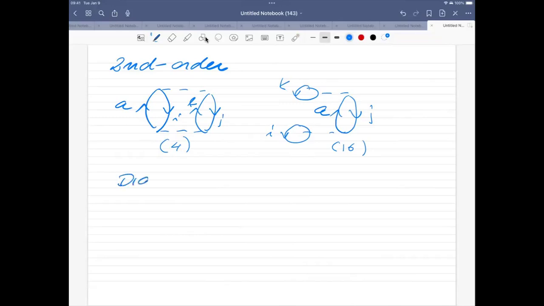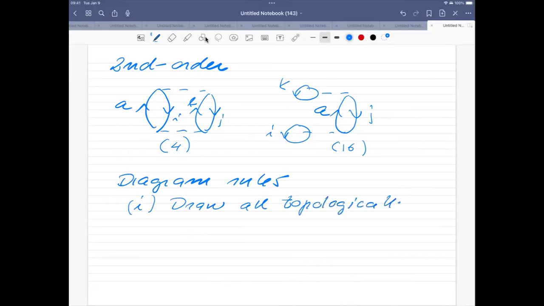In terms of diagram rules, so the first diagram rule is that we just draw all topologically distinct diagrams to a given order.